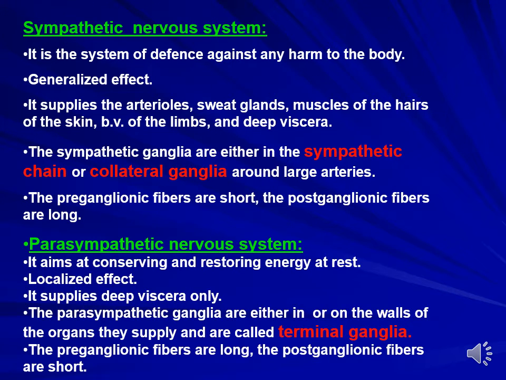There are certain characters that are specific to the sympathetic and others for the parasympathetic nervous system. So, the sympathetic nervous system is known to be the system of defense against any harm, any stresses to the body. So, its effect is usually generalized.